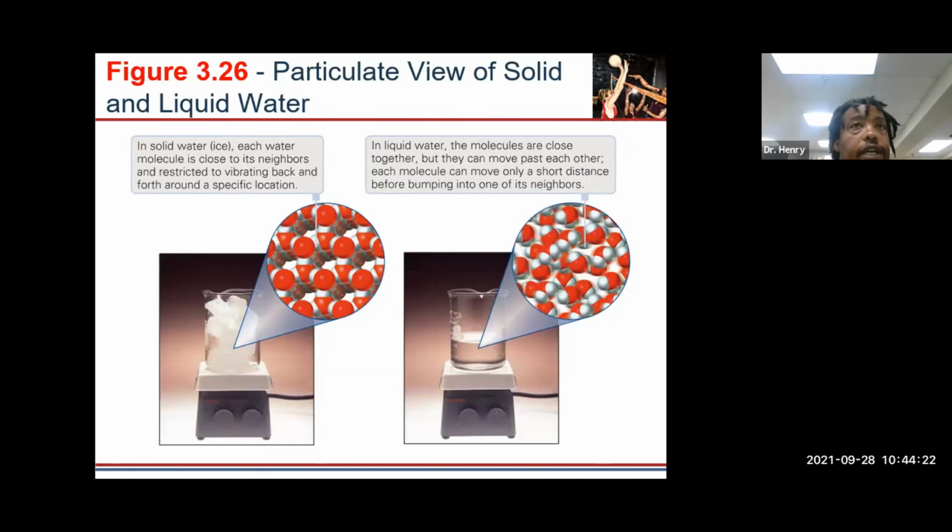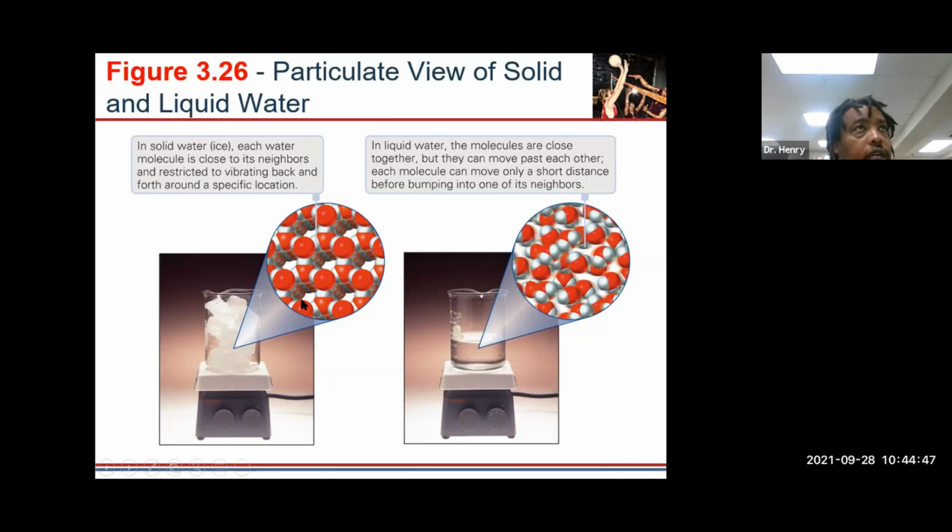Okay, so here, this is ice and this is water. And so with ice, we know that if we put ice in water, ice floats, right? And the reason why is because ice is less dense than water. And that's because it's organized, it actually leaves these little gaps of air pockets.